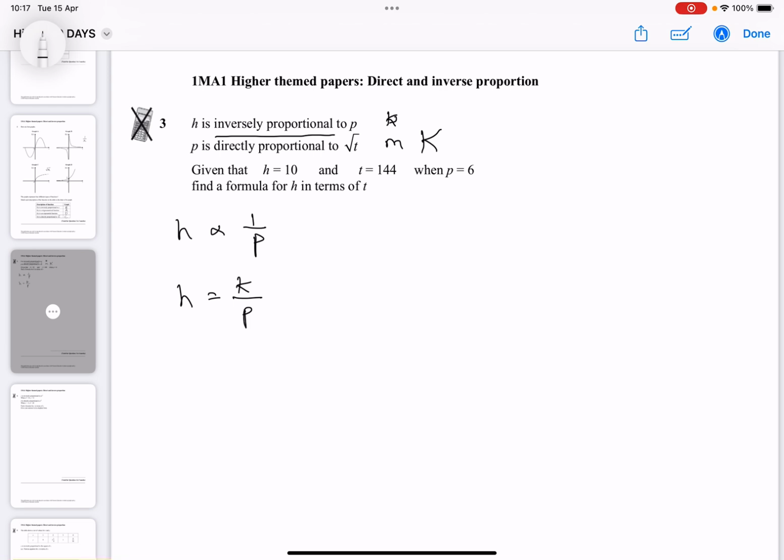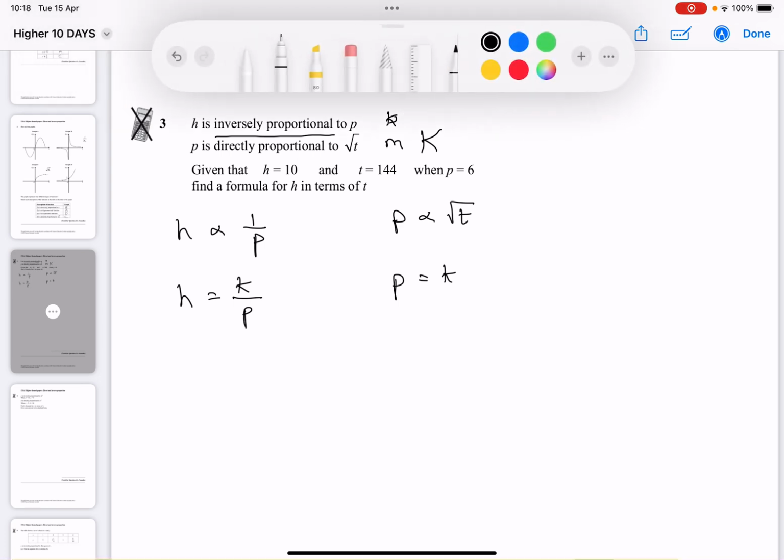P is directly proportional to the square root of t, which means that p equals m, because these 2 values will be different, times the square root of t when it's direct.